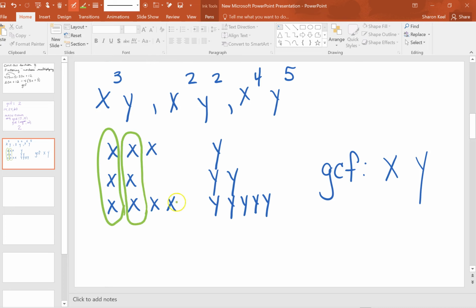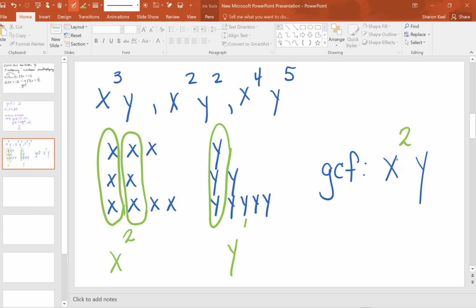They don't all have 3 or 4. So the most x's that they all have is 2. So we're going to use x squared. For the y's, they all have one y, but they all don't have more. So in this case, there's only the one y, and we don't write the understood one in our answer, so x squared y.